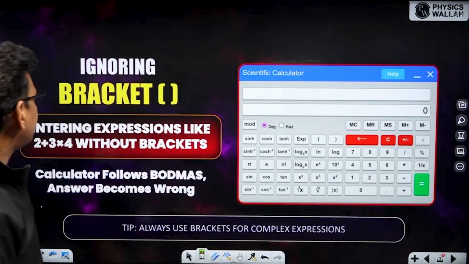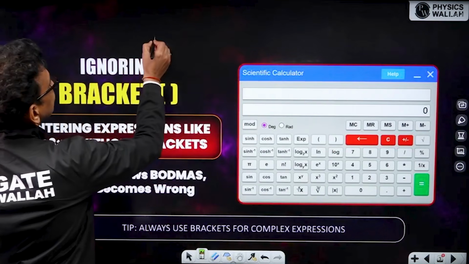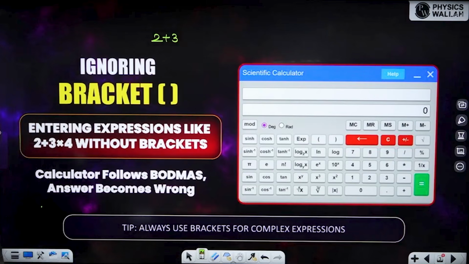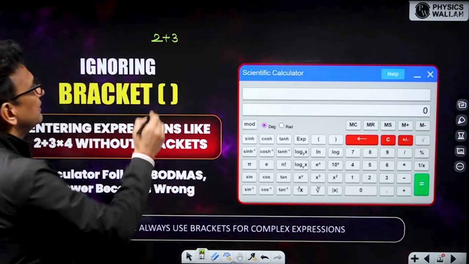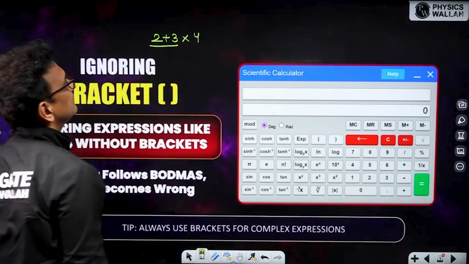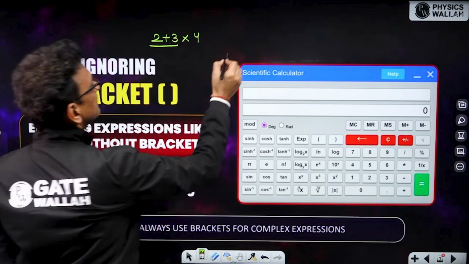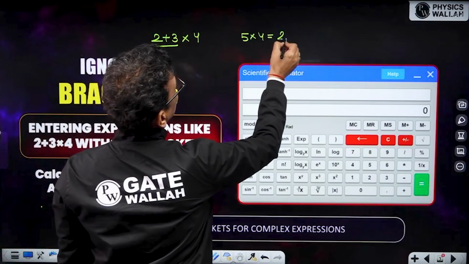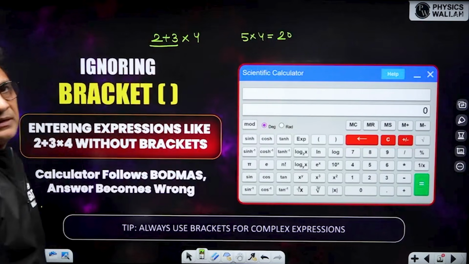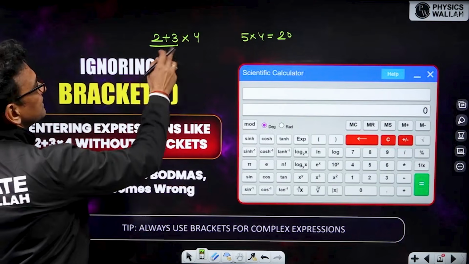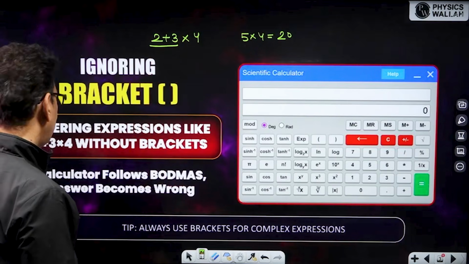Suppose we want to add 2 plus 3 first, and then multiply the answer of 2 plus 3 with 4. That means my answer should be 5 into 4 equals 20. But if, without using the bracket, I just put 2 plus 3 into 4, then what will happen?